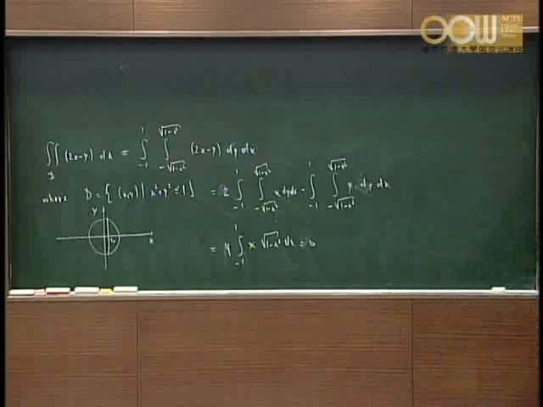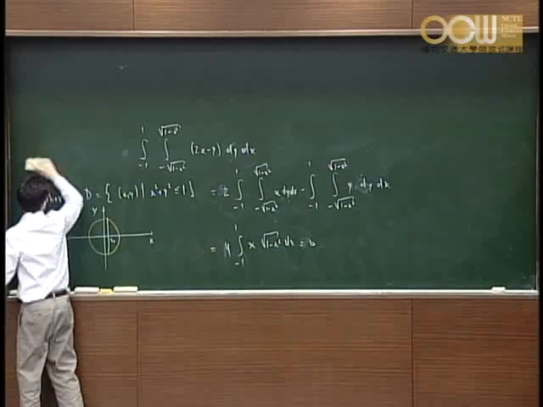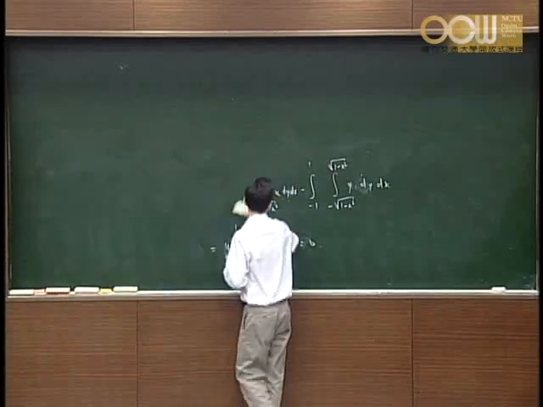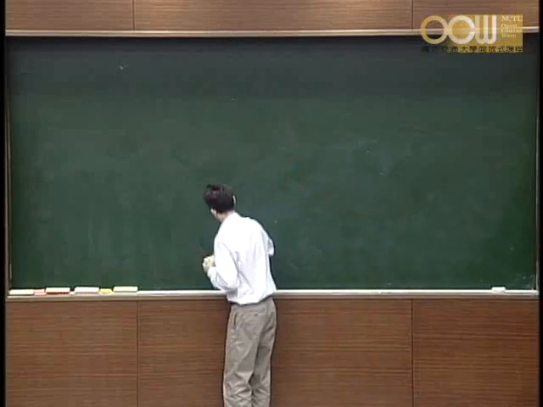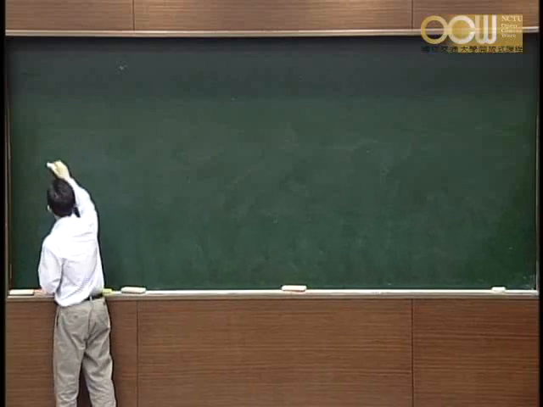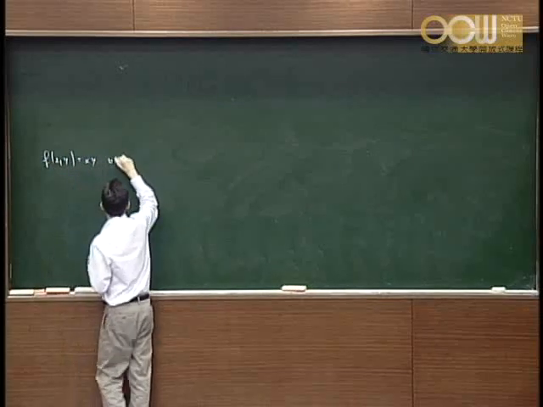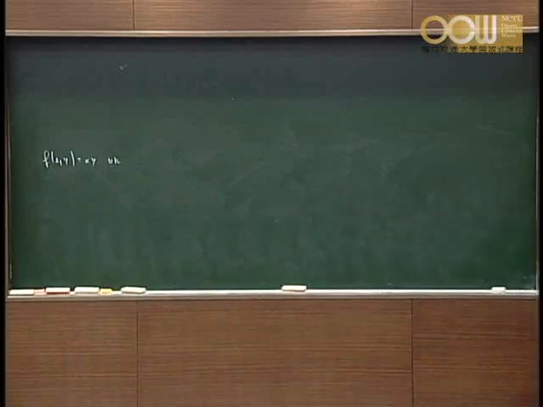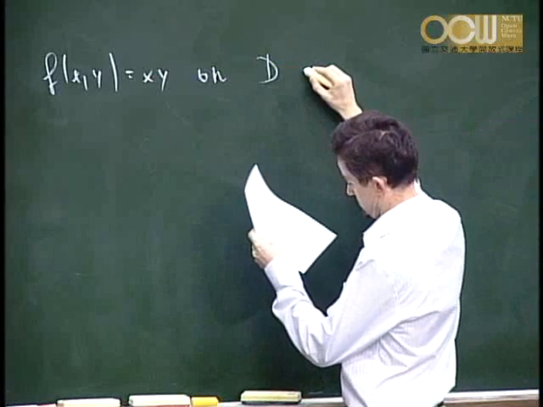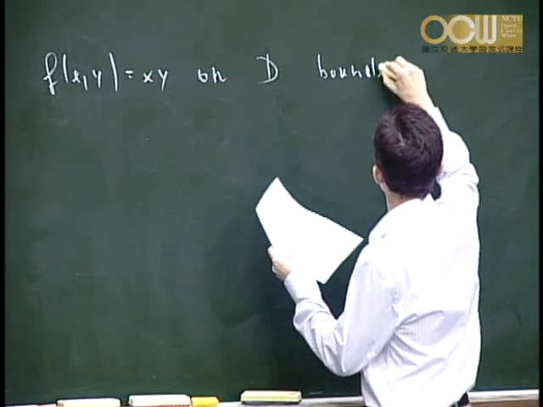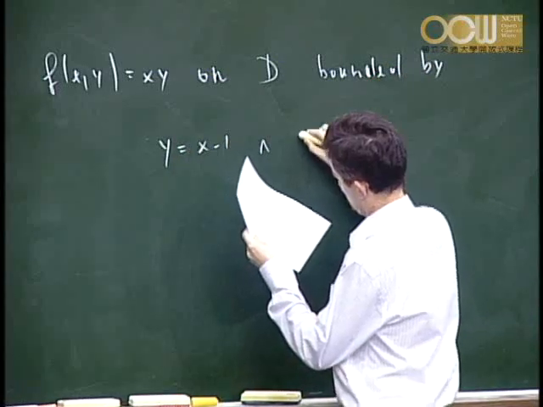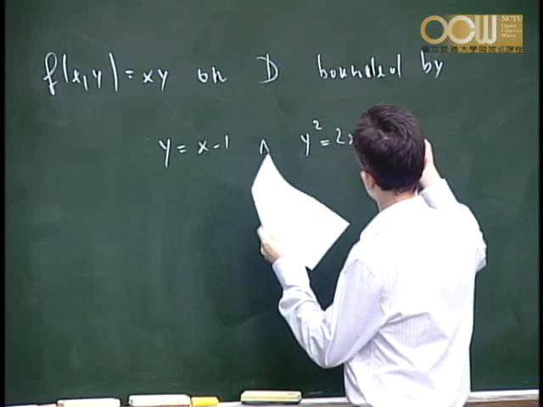Now one more. The function f of x, y on the plane region D bounded by y is equal to x minus 1 and y squared is equal to 2x plus 6.